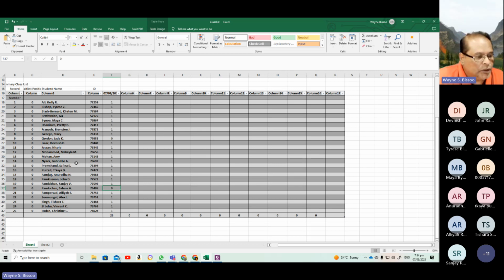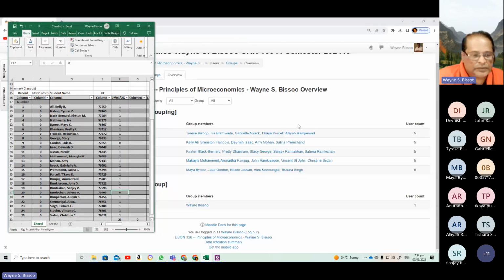So the group that has Miss Ramlochan, can you identify yourselves? Miss Ramlochan is in group 3 with Kristen, Pretty, Stacy, and Sanjay.